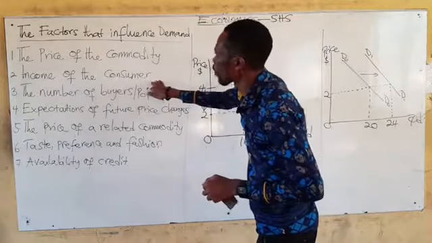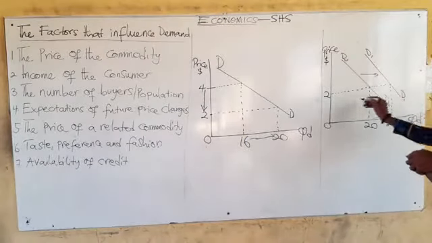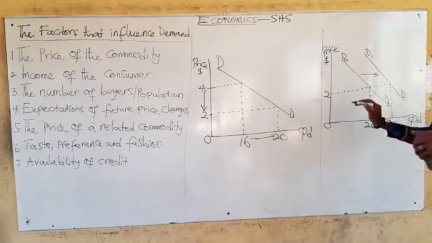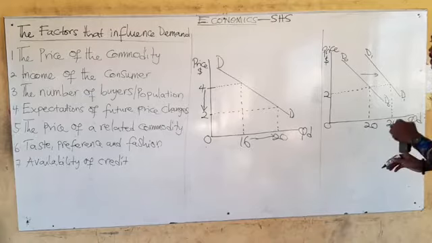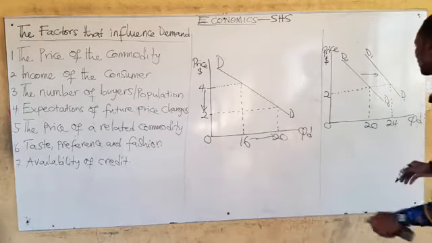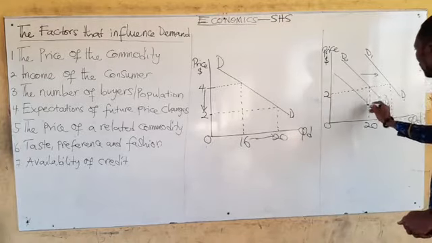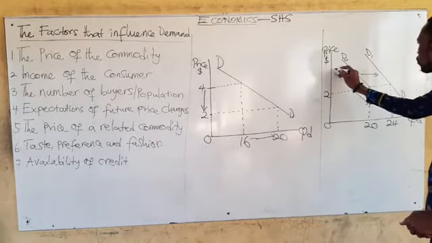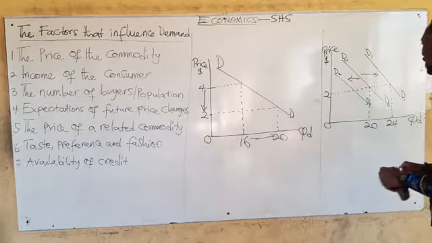There can be a fall, just like we did for price, you are going to do the same. When the income of the buyer falls, this is how you are going to illustrate it. You draw another curve with the same slope, but we say your demand can only fall to the left. So if this is the original, you have to draw another one down here. Let's call it D2, demand 2. The demand curve has rather shifted to the left.